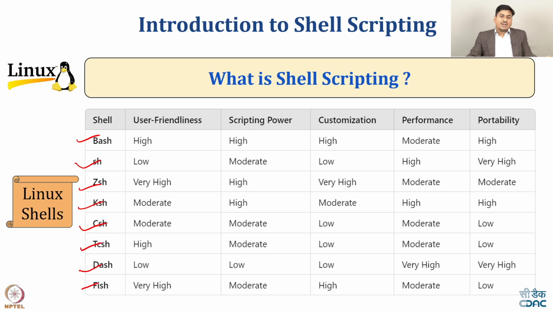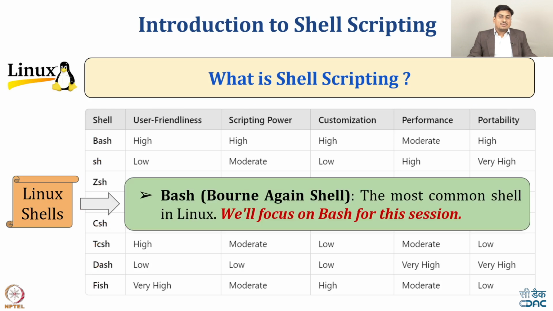So, as per our requirement and convenience, one can use the corresponding shell. There are different properties of the shells, like user friendliness, scripting power, customization power, performance, portability, and so on. In this particular session we will be dealing with bash shell, which is the most common shell in Linux. We will focus on bash shell for this session.